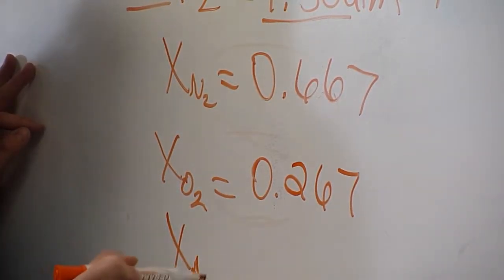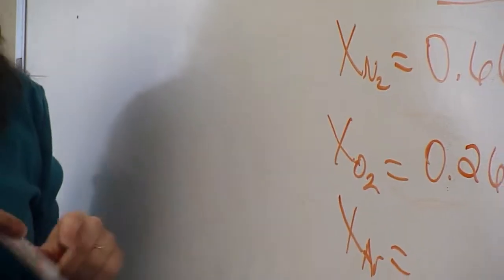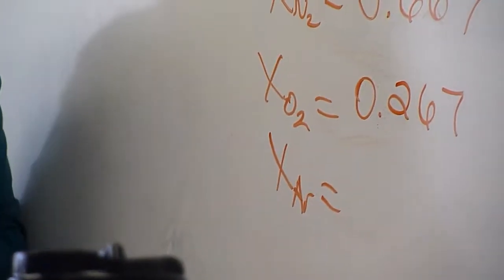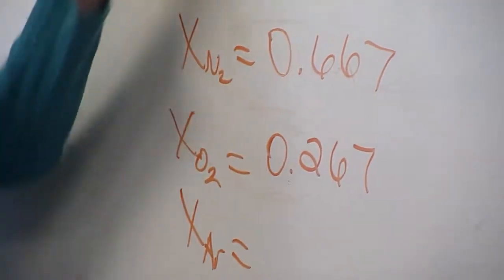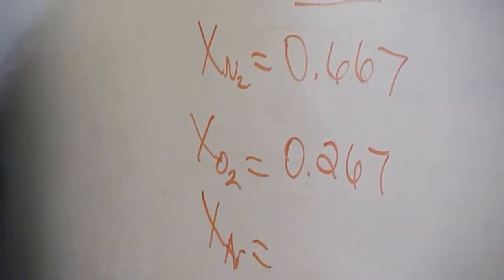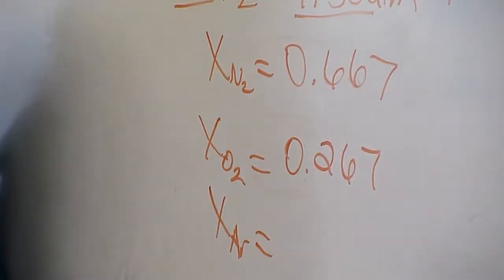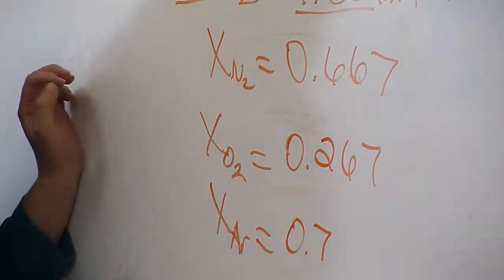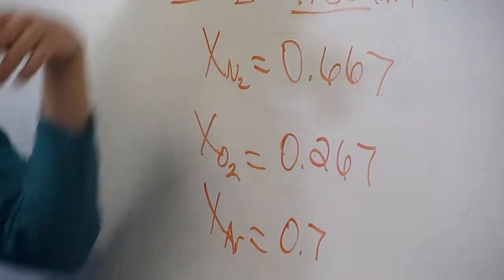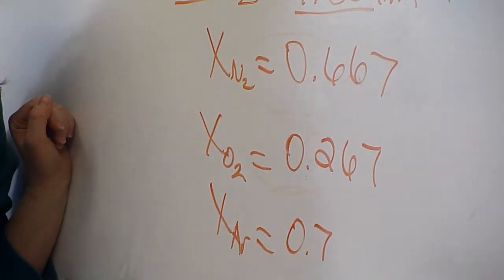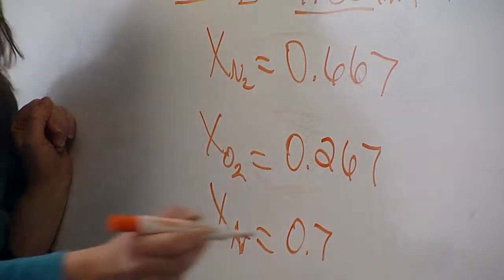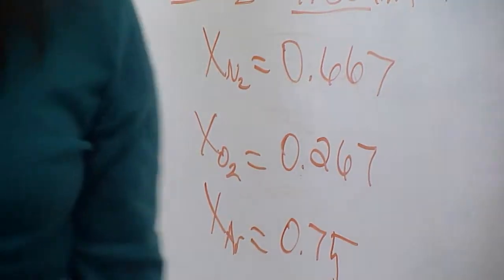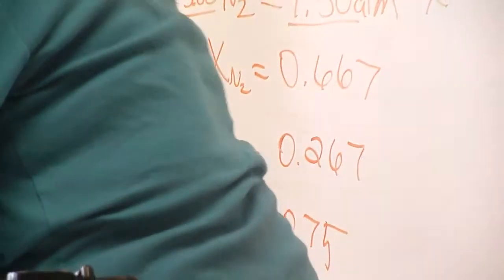And X of argon, so 0.5 divided by the total pressure. 0.5 divided by 7.5.